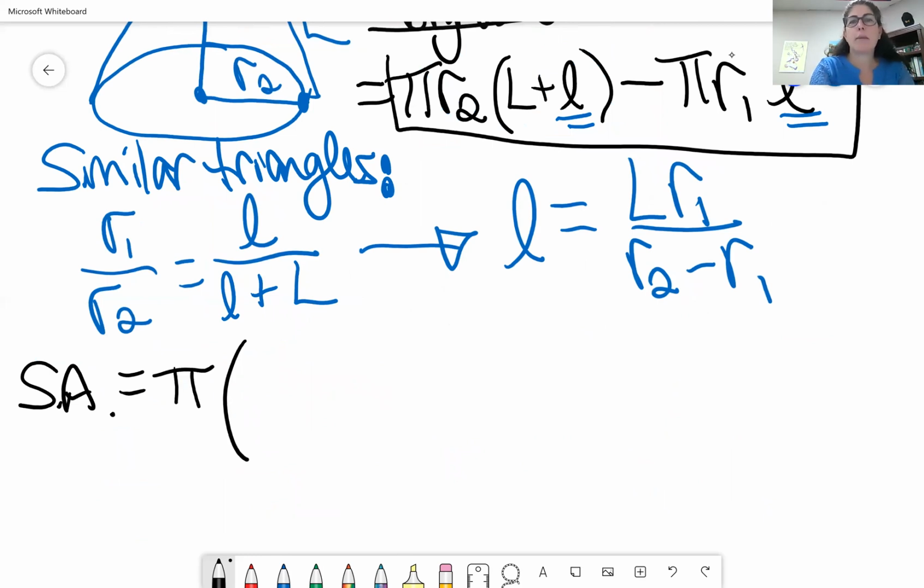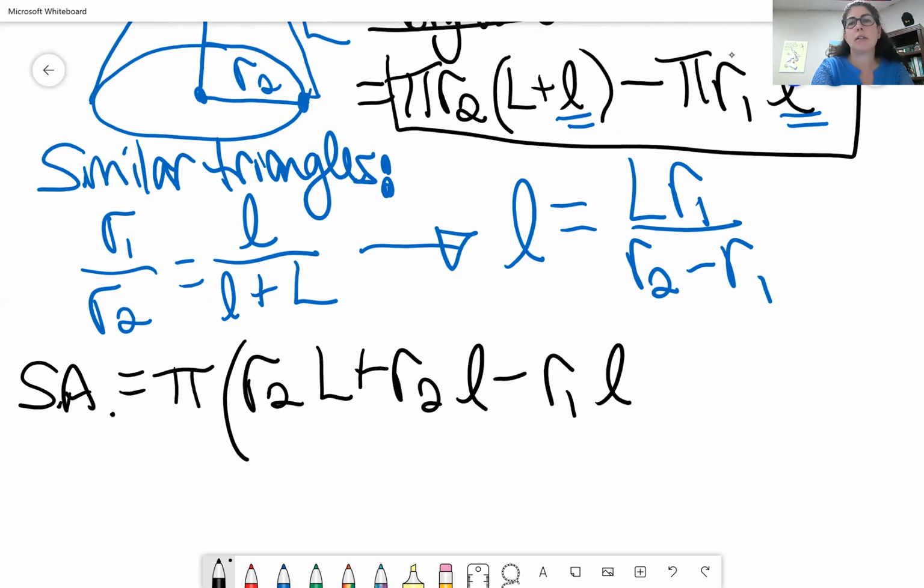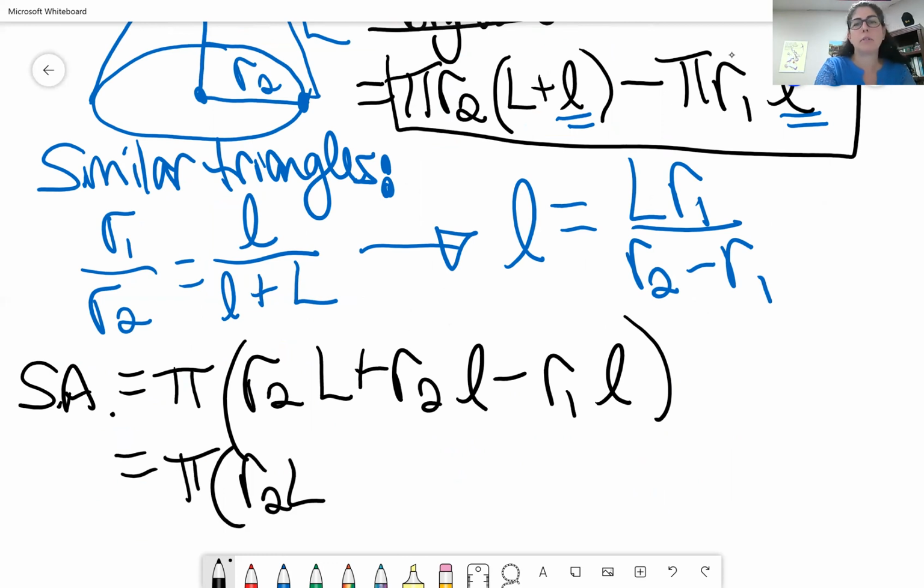So that's not bothering anybody anymore. And we have R2 big L plus R2 little l minus R1 little l. Or pi R2 capital L, that part's not a problem, plus little l times R2 minus R1.